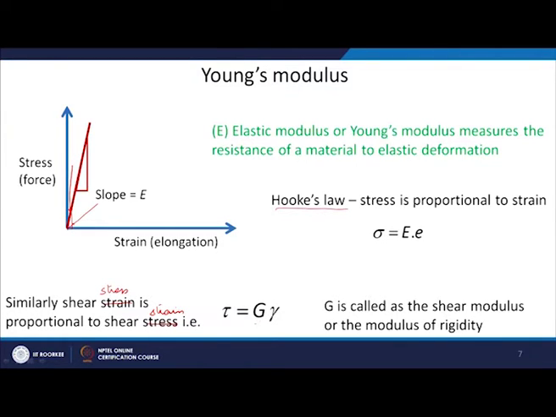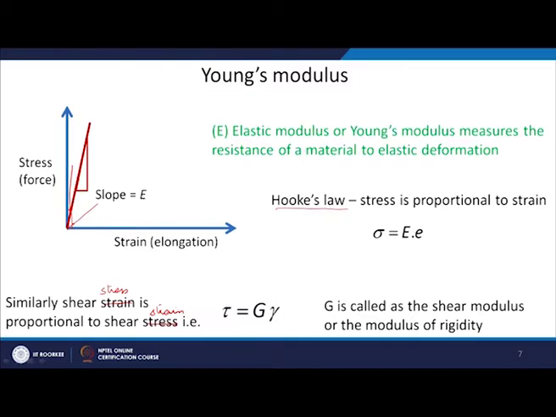Here you are getting a new elastic constant, which is the shear modulus or modulus of rigidity. When I am working under shear conditions, I use the shear modulus. When I am doing a uniaxial tensile or compressive experiment, I relate the stress with the strain using Young's modulus. So, whatever type of deformation I am doing, I have to choose the elastic constant accordingly.